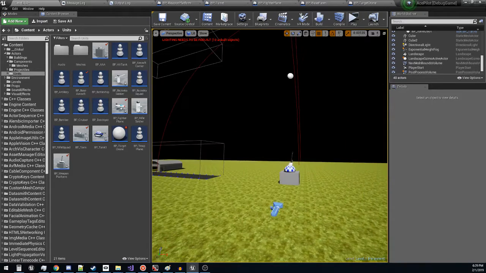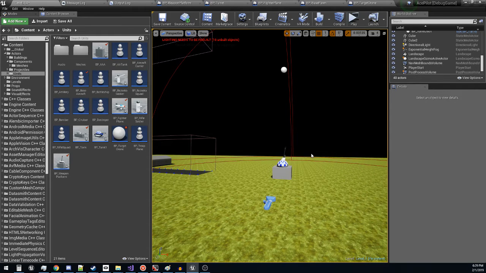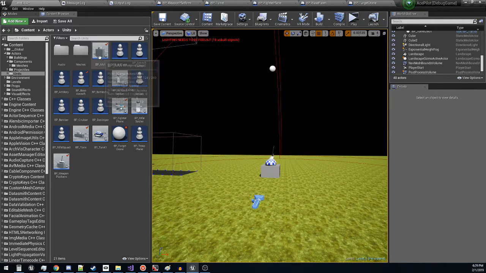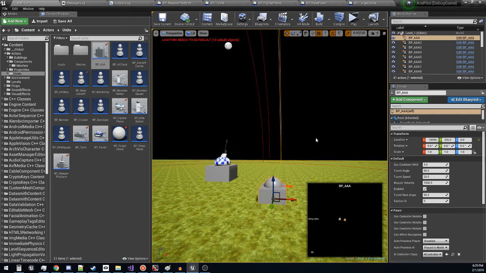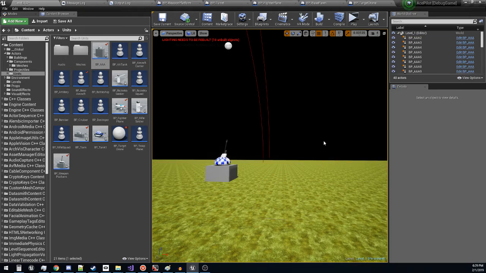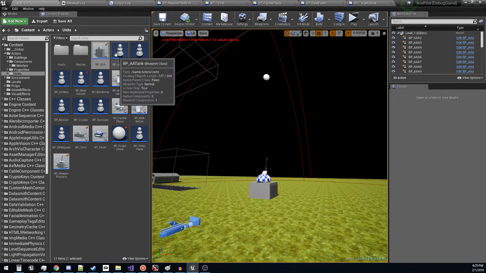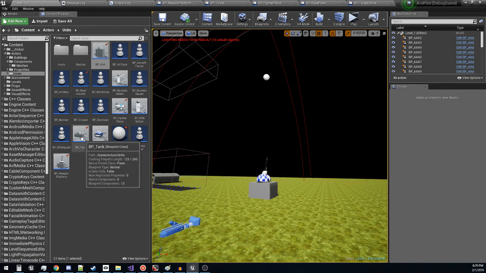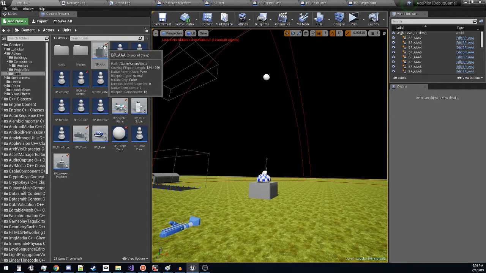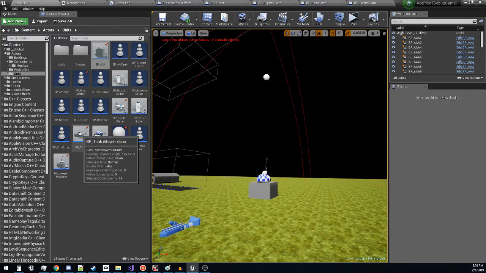Initially, I had a AAA turret that was pretty rough looking. It looked like this, and it would always shoot straight at the airplane, and it was pretty ugly. So I realized that as soon as I started building the tank, that the functionality of shooting at targets was pretty much the same thing between the AAA cannon and the AAA tank.